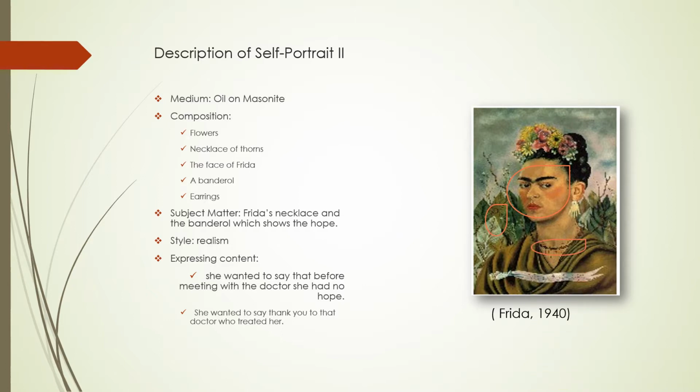There is the necklace where there is blood on her neck, which shows that she was suffering. There are flowers in her hair. There is a banderole which shows that she was sending that painting to the doctor. The reason why I say that is because she wanted to thank the doctor as the doctor was treating her.